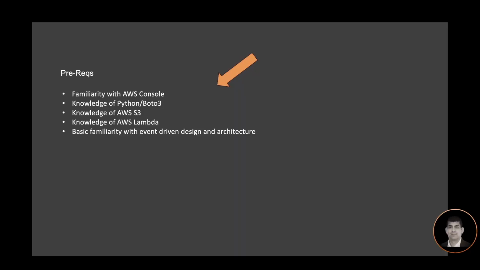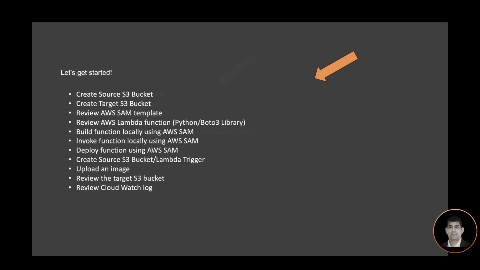Let's get started. The prerequisites for this workshop are familiarity with the AWS console, knowledge of Python Boto3, AWS S3, and AWS Lambda, and basic familiarity with event-driven design and architecture.